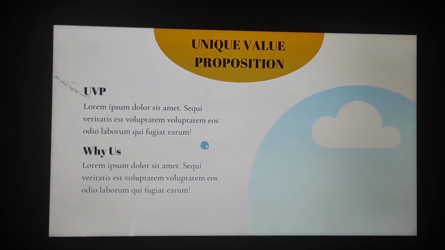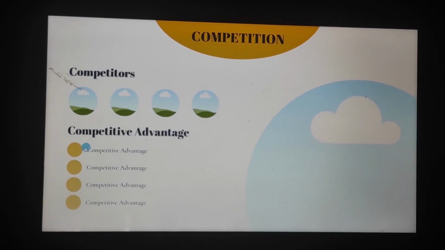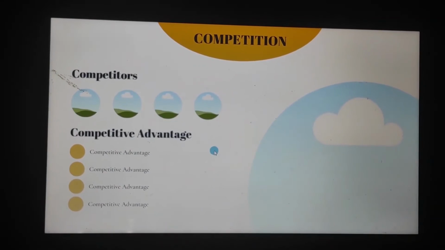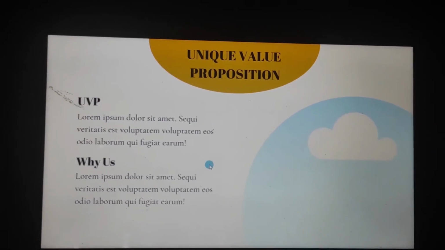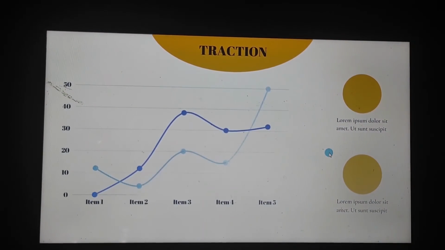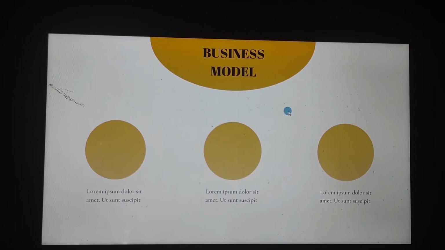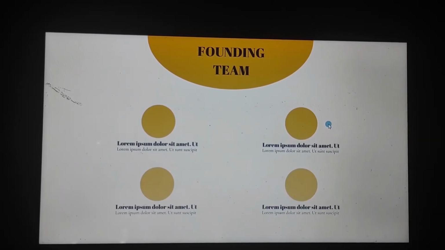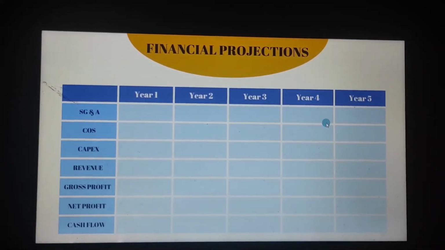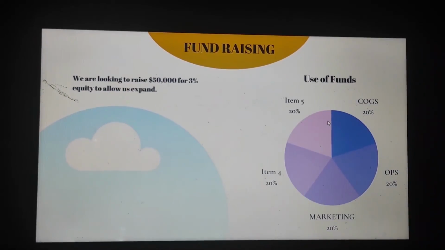All these places that I'm putting these yellow circles, black icons rather, are going to go in the middle of it. UVP, traction, business model, business plan, founding team, financial projection, fundraising.